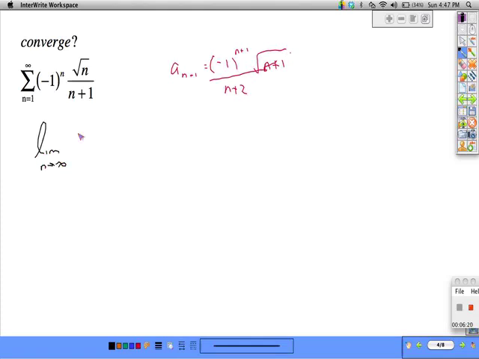And since I'm dealing with absolute values, I can ignore the negative 1 to a power piece of this.